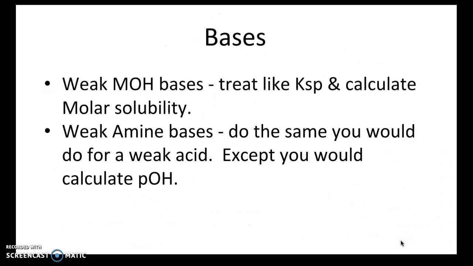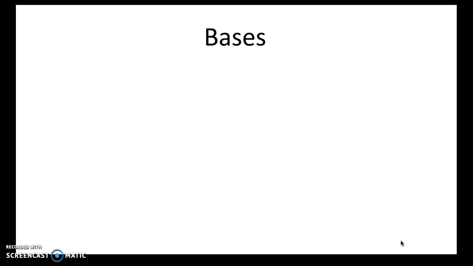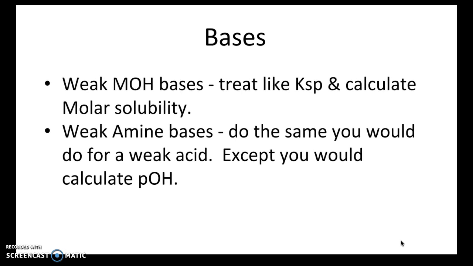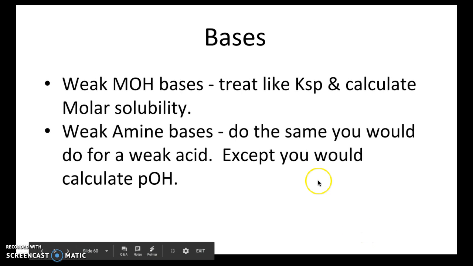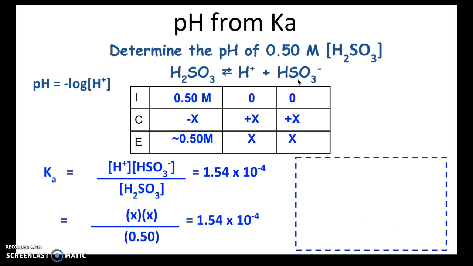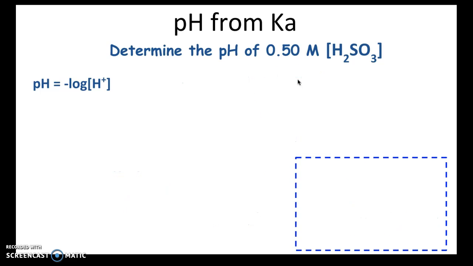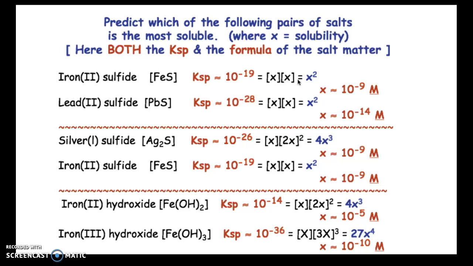All right. So for bases, we can do this same thing depending on what type of base we have. If it's an MOH base, a metal hydroxide base, we do the same thing that we did for Ksp, where we use the molar solubilities to determine how much of the base dissolved.